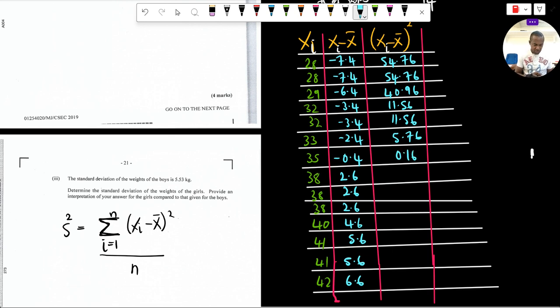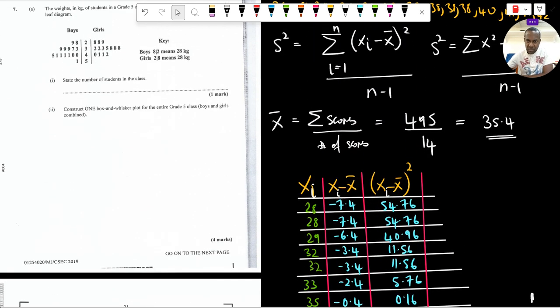And 2.6 squared is 6.76, and we have three of that. Then we have 4.6 squared, 21.16, 21.16. Then 5.6 squared gives us 31.36, 31.36 again. Then 6.6 squared gives us 43.56. So we managed to find all the squares of our deviations.